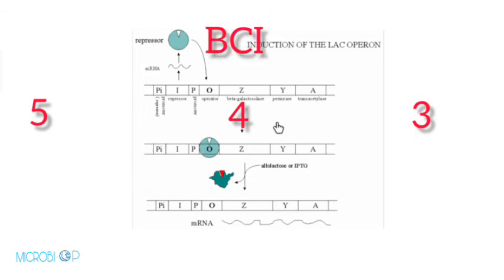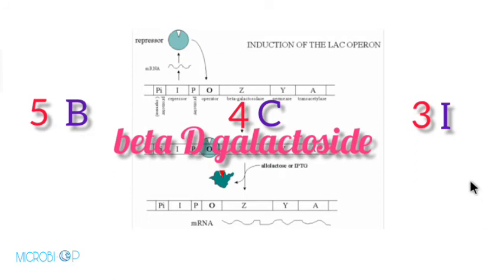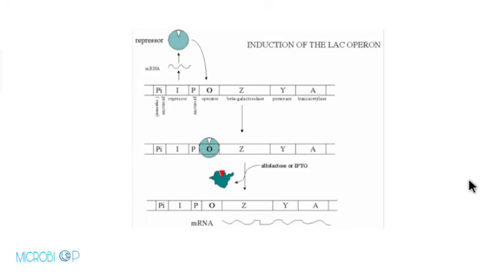We write B beside 5, C beside 4 and I beside 3. Now it stands for 5 bromo, 4 chloro, 3 indolyl beta D galactoside. Beta D galactoside is cleaved by beta D galactosidase, that is obvious.